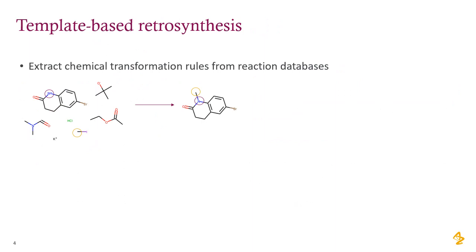Okay, so let's start with how we define the rules. In AiZynthFinder, we have a template-based retrosynthesis model. So we extract chemical transformation rules from reaction databases.